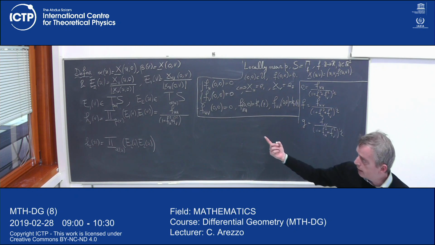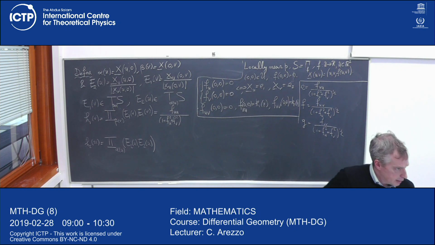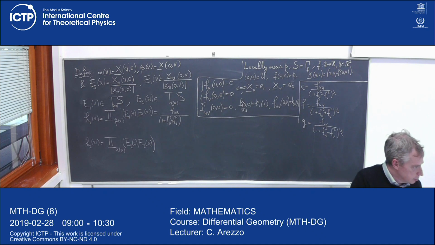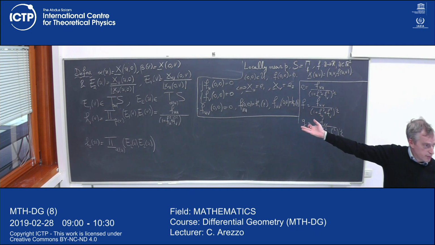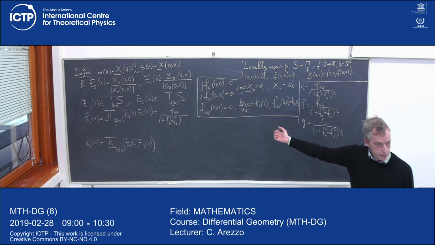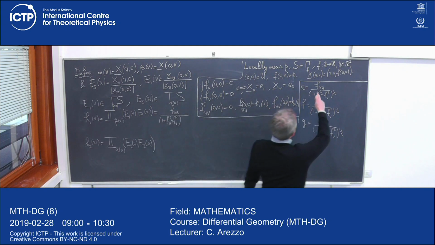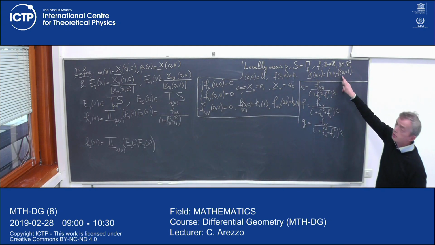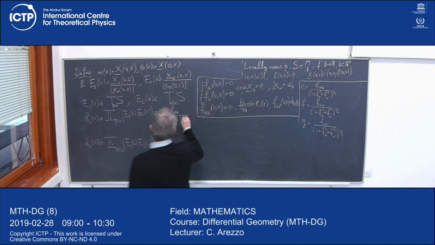So here I should write capital E. But again, I don't want to write capital E. I want to write its expression in terms of this function which is giving me a graph. Are you with me? And I erased it because, of course, I'm very smart, so I have to do it by heart. How much is capital E? XU is (1, 0, FU). How much is its norm squared? Well, it's 1 plus FU squared. Okay.